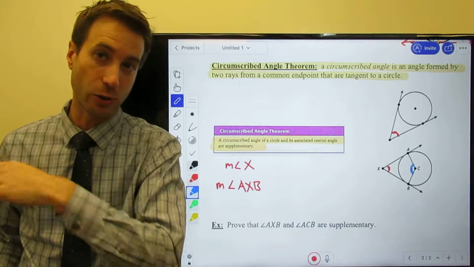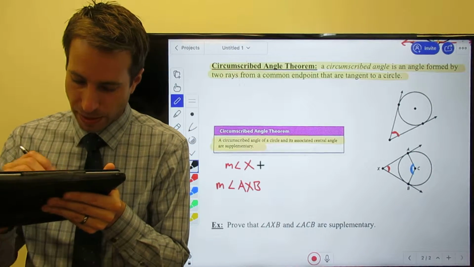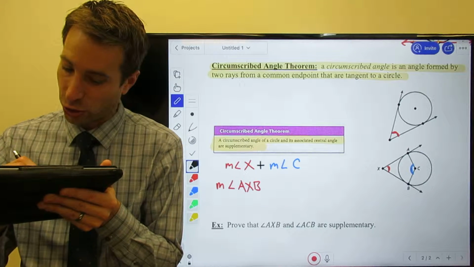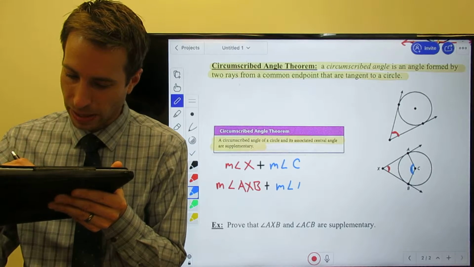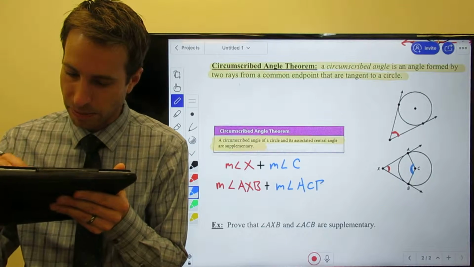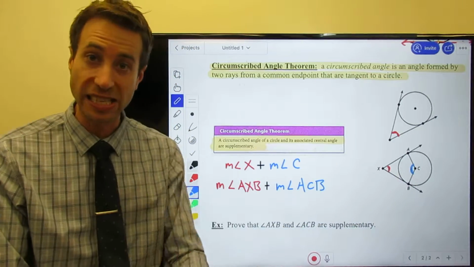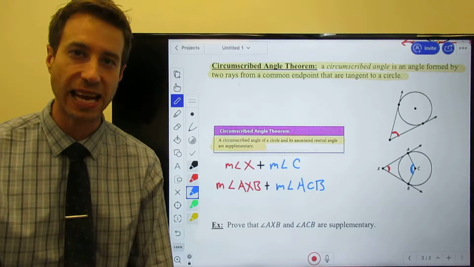We've talked about central angles in previous chapters, so that would be plus the measure of angle C. I could also call that the measure of angle ACB. Both acceptable names. They both mean the exact same thing.